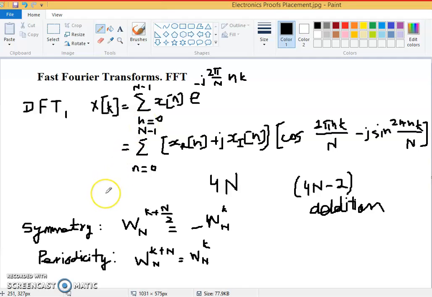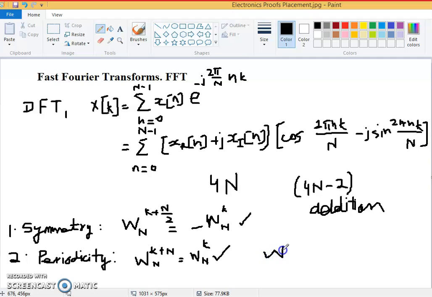Basically the calculation of DFT is a complex mechanism. We need to simplify it, and we can simplify it by using these two properties, symmetry and periodicity. The symmetry property states that W of k plus N by 2 is the same as minus of W kn. And after N values the twiddle factor repeats its values.